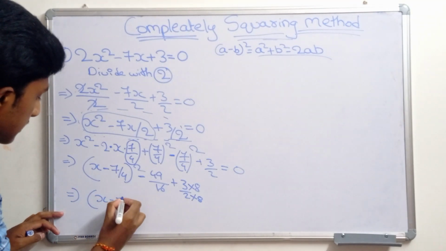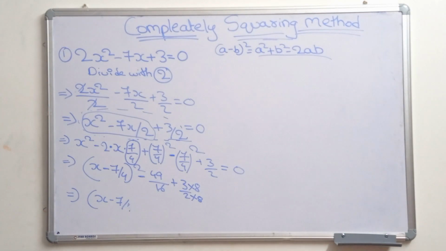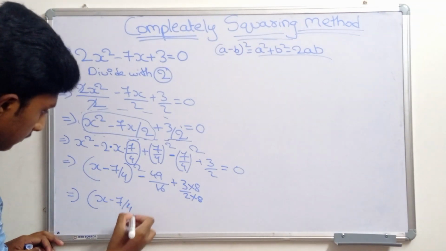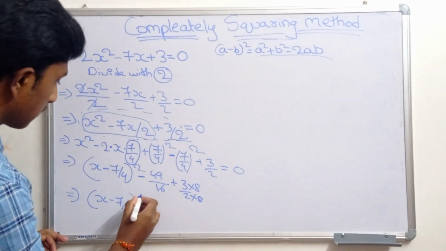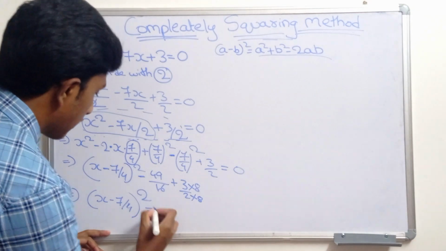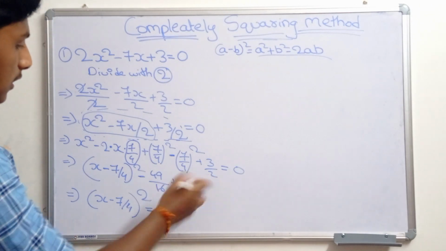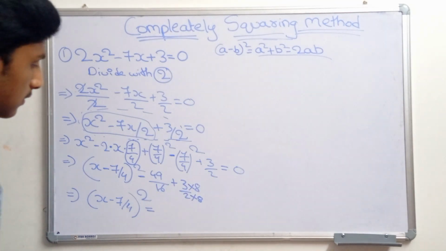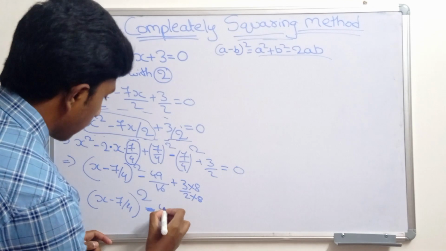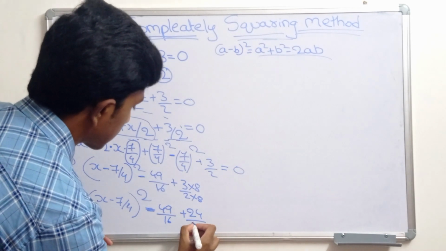So (x - 7/4) whole square is equal to, when you shift these terms that side, that means 3 into 8 by 2 into 8. Now we'll take as it is minus 49/16 plus 3 8s are 24/16.